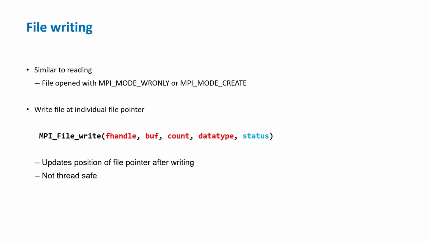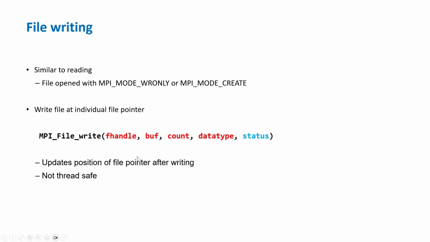And then we have the write. Similar to reading, you need to open a file to be ready for write. So you either open it as write only, or if it's a new file, you need to simultaneously use the mode create and write, or you create, read, and write.